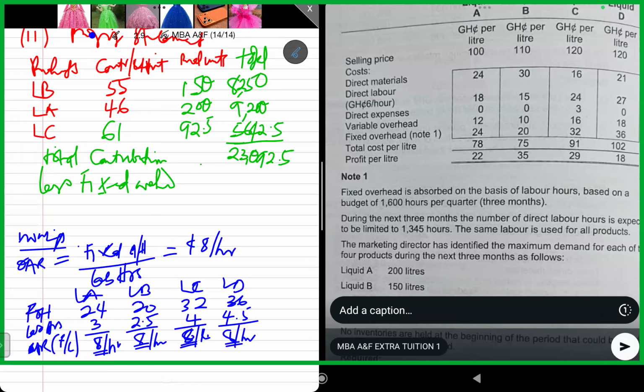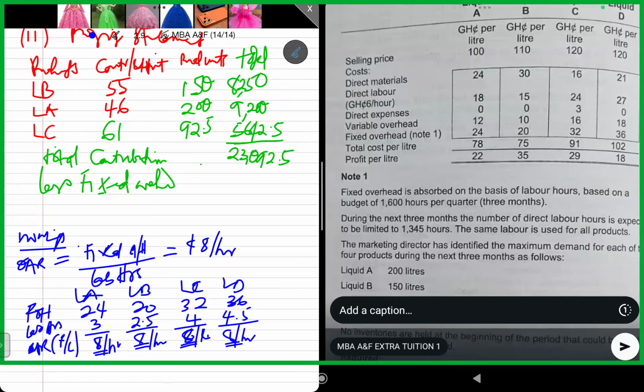And the question is saying we should absorb them on the basis of labor hours. So we have to bring in the labor hours per liter and compare it against the fixed overhead per liter. Then we'll find the OAR. The OAR formula is fixed overhead over labor hours. Just like contribution per limiting factor, we pick the fixed overhead divided by the labor hours. We will get the 8 cedis of fixed overhead per labor hour, and that is called the OAR.